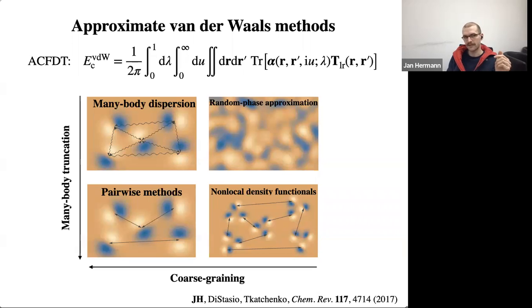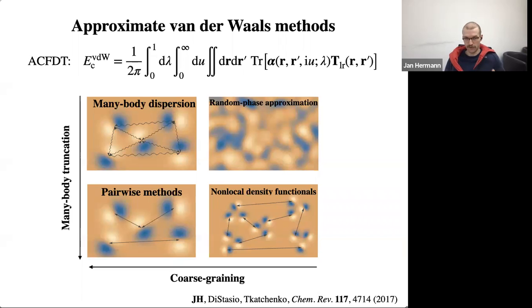And then on the other axis, you would have whether the correlations are modeled in a simple pairwise fashion, so how the electrons fluctuate on one atom or at one point in space, and how that correlates with another atom, or whether you're going the full way and considering all the many-body interactions between these correlations, which is the right thing to do. And so the pairwise would be an approximation.